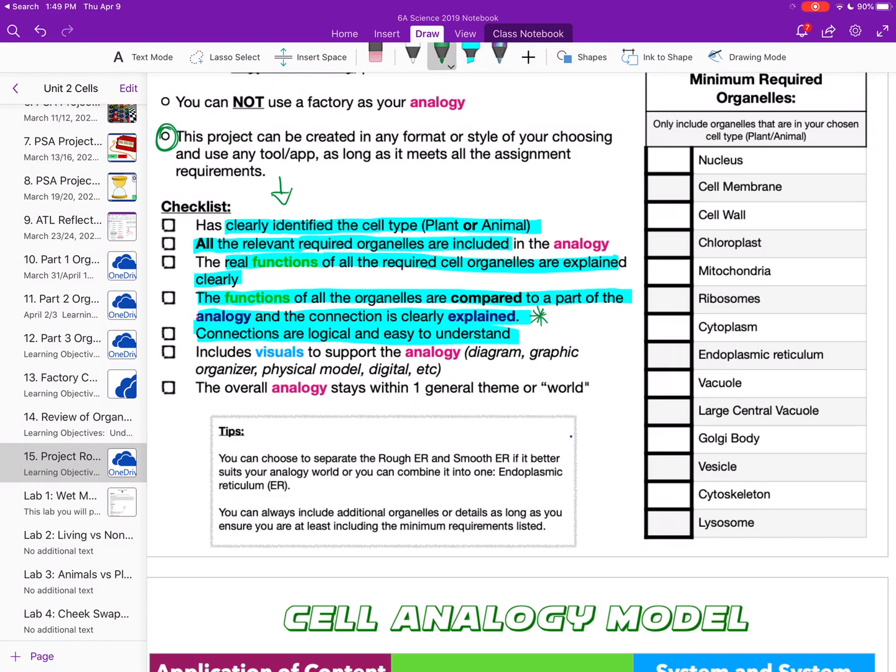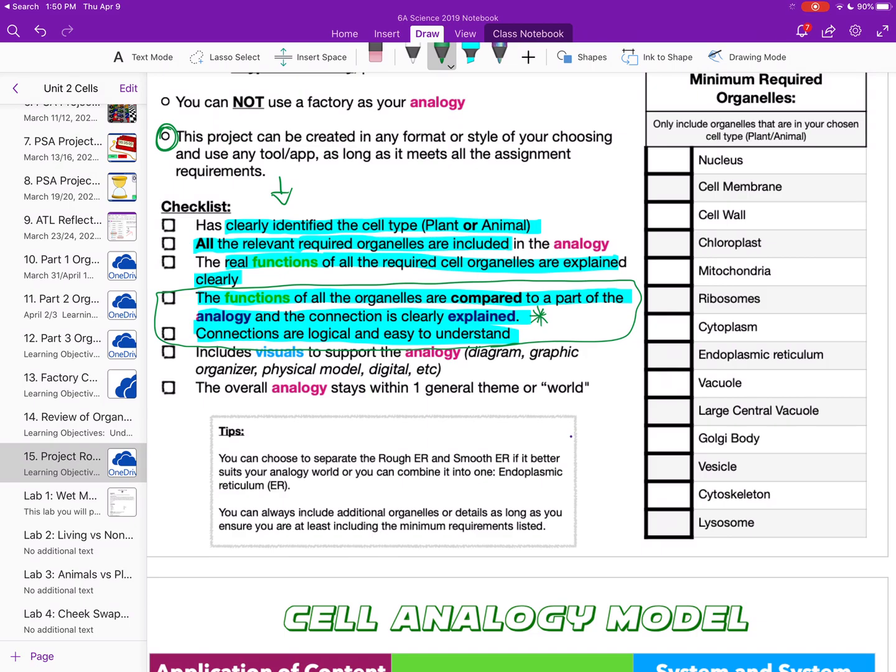So I want to talk about these two a little bit. I've had all sorts of different versions of this in the past, and I'm going to go through some examples later. I'll give you one right now. I've had people compare and create an analogy to the cell using Harry Potter or the world of wizarding.